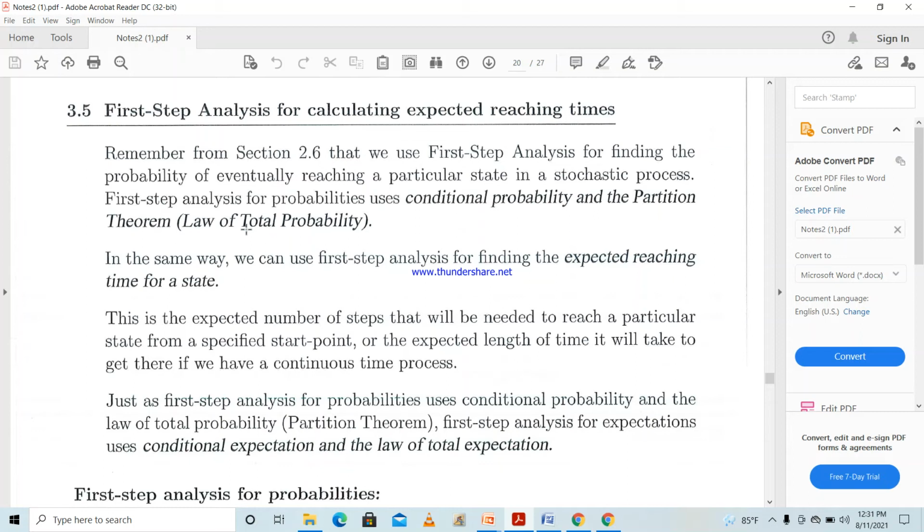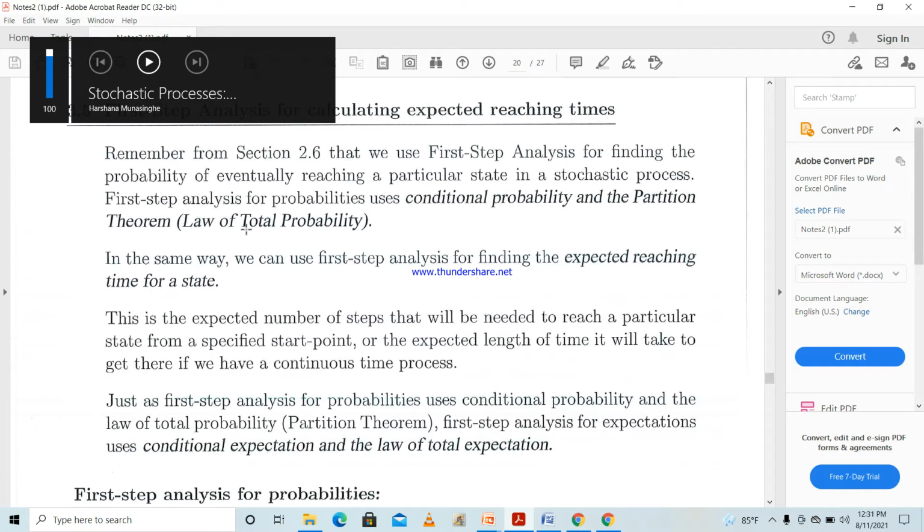Today we are going to discuss the first step analysis and how to calculate the expected reaching times, and also how to calculate the expected number of steps to get into a particular destination.